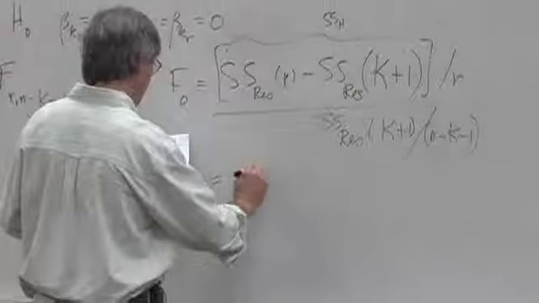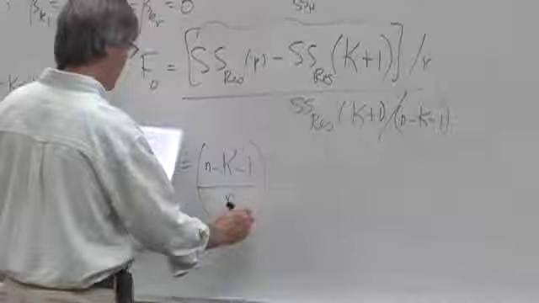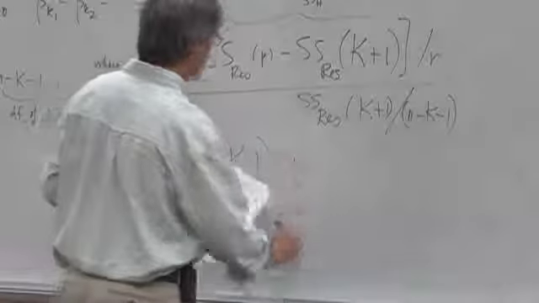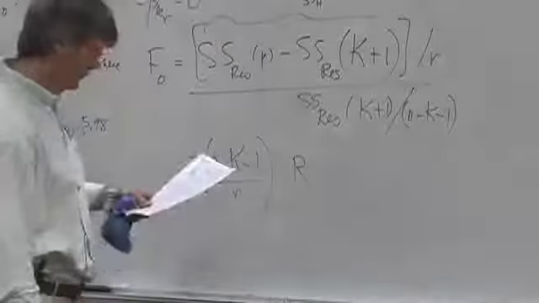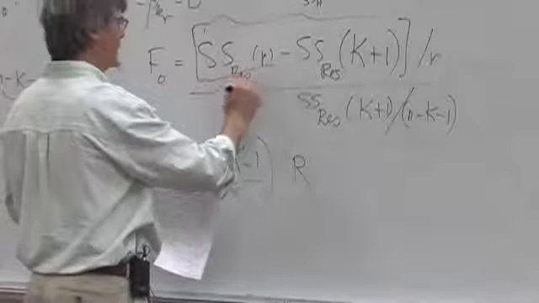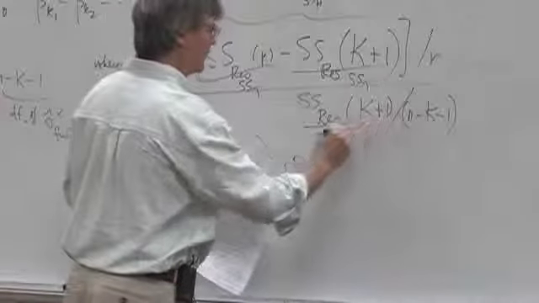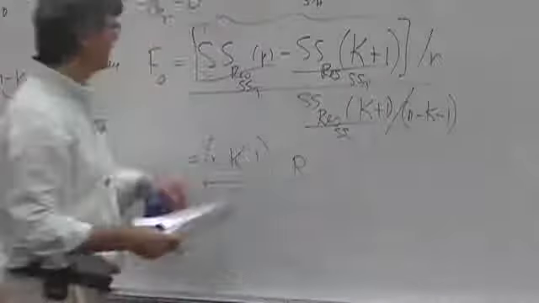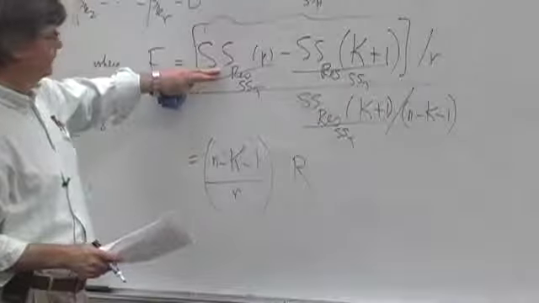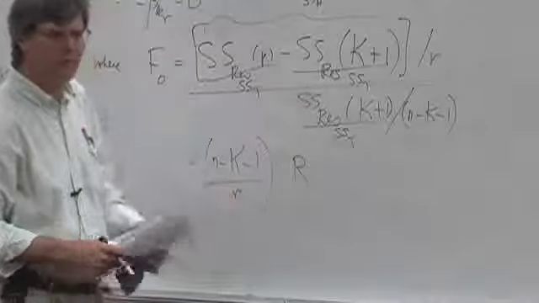Take the definition of the coefficient of determination. What is it? What you do is you divide everything by SST. I guess this is all that it amounts to. Divide everything by SST. And what is that? That's an R squared P. This is an R squared K plus 1.